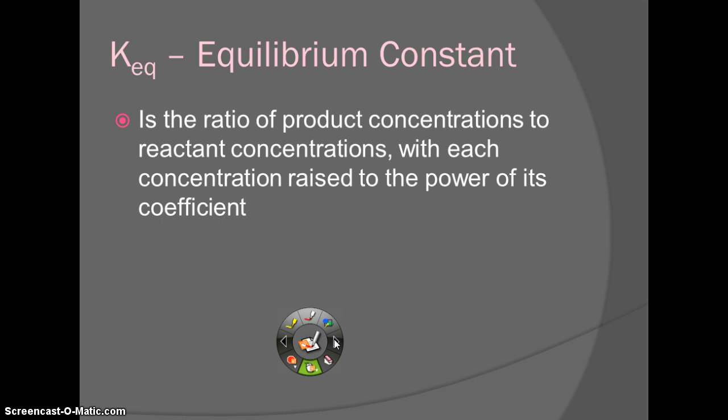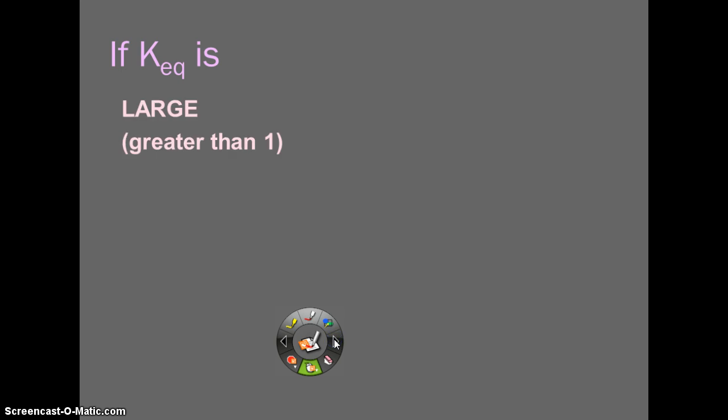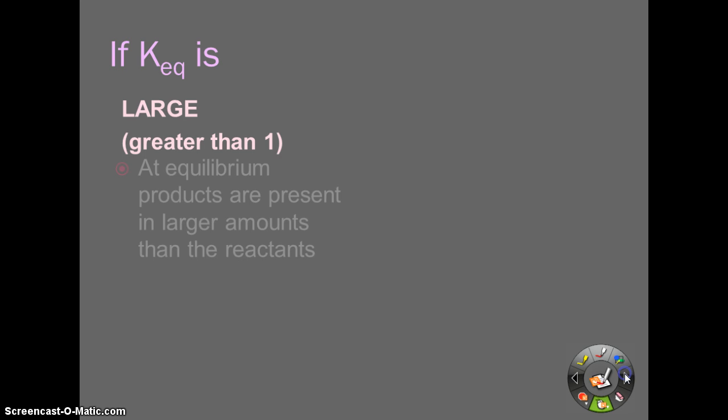If you get a Keq that is large, meaning it is greater than 1, then that means your numerator value is larger than your denominator value. And remember, in our numerator we have our products. So this means that products would be present in larger amount than reactants.